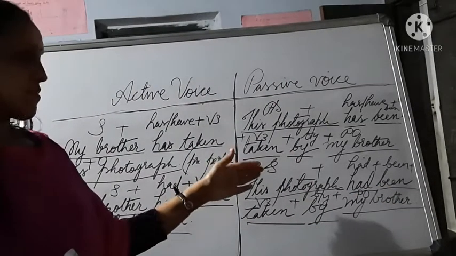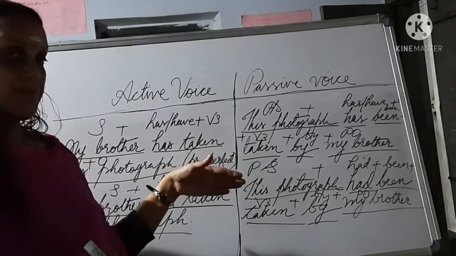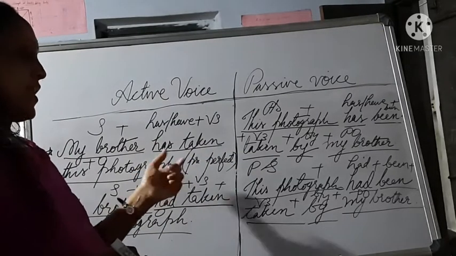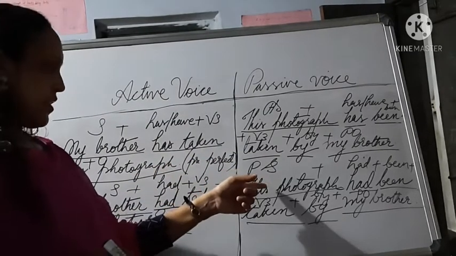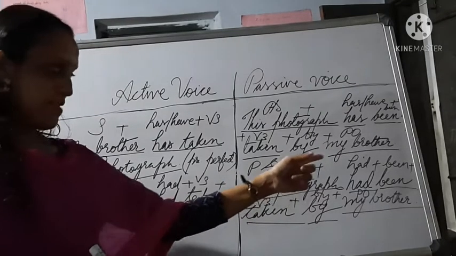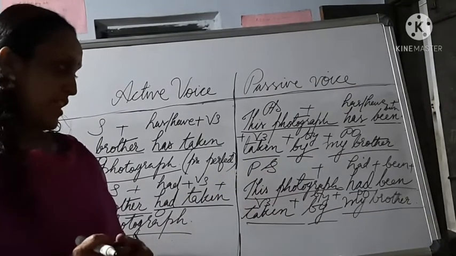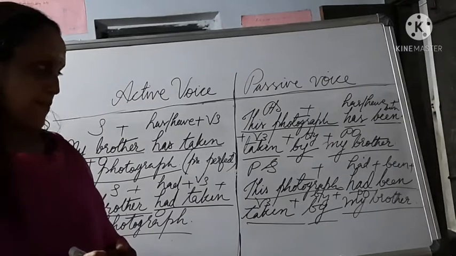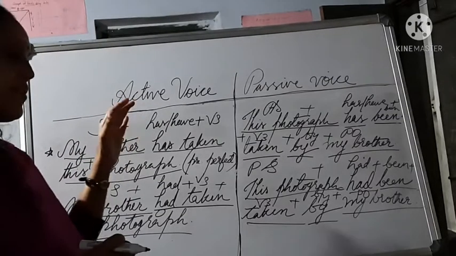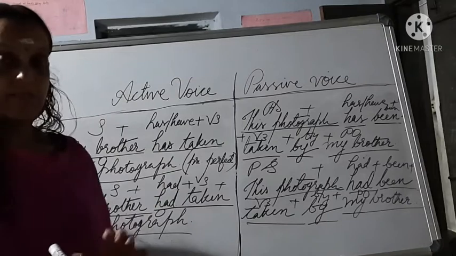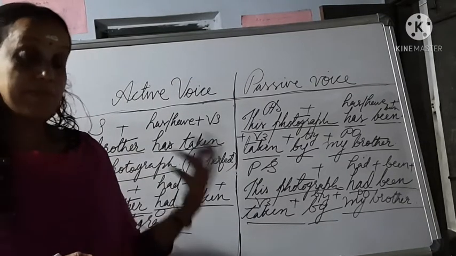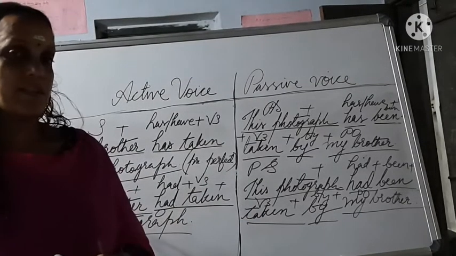So the rule to convert past perfect in active voice to passive is, first you write passive subject plus had plus been plus V3 plus by plus my brother. So we already completed the tenses in present and past.